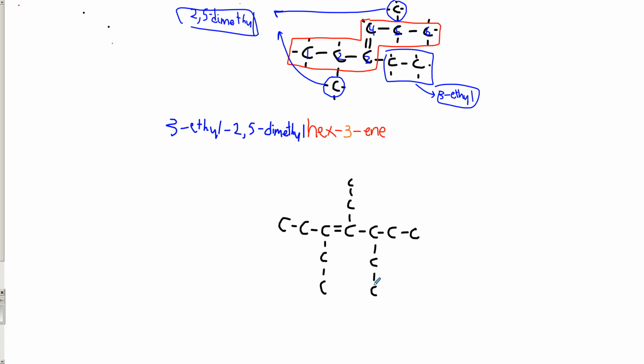I can't see any way of having an 8 that contains the double bond. So I guess we can just go for this one. I thought I was going to go straight across. Nope. Went down. It doesn't change the name, it's okay. So since this is a 7 carbon, it's going to be a hept.